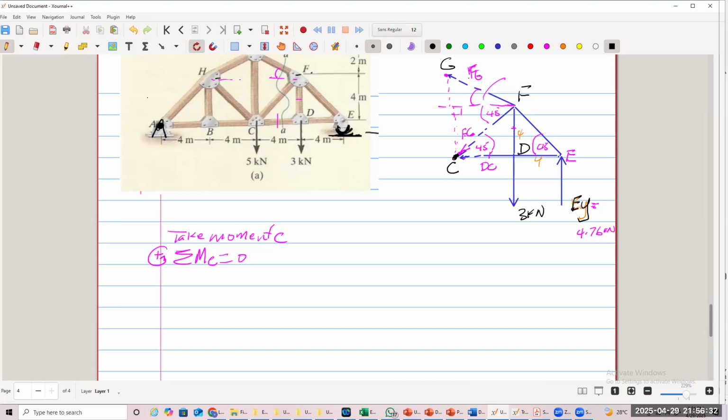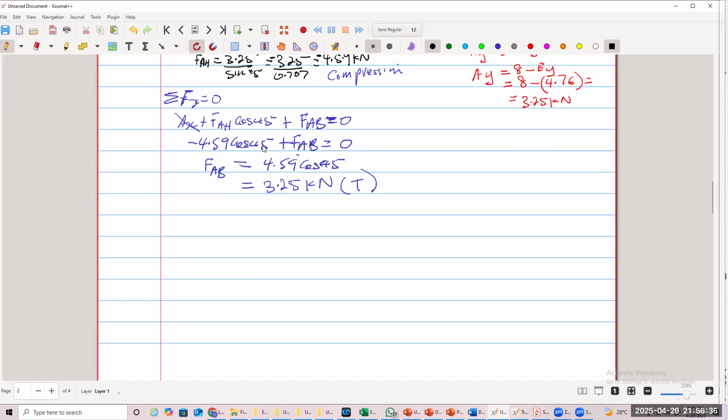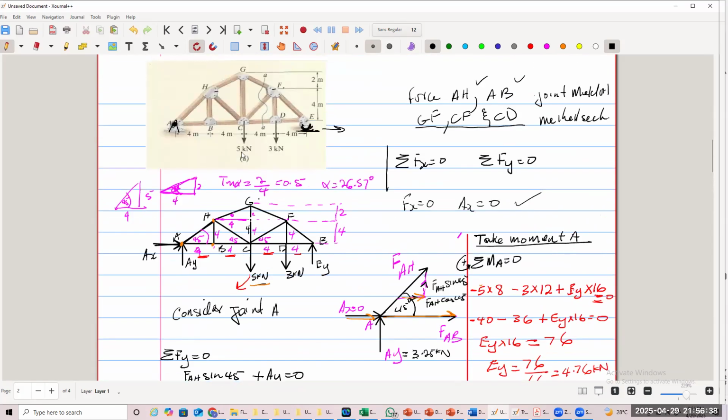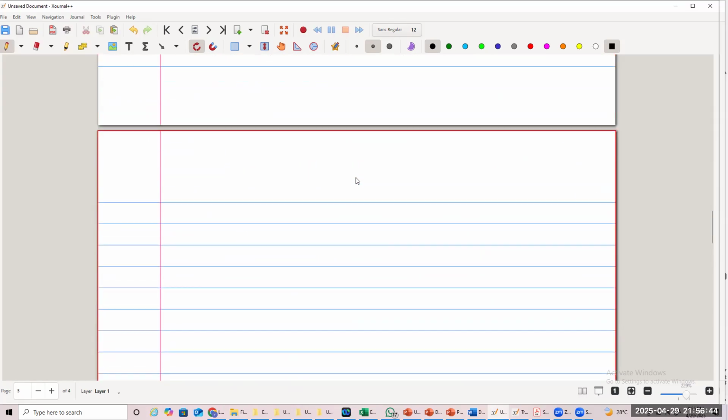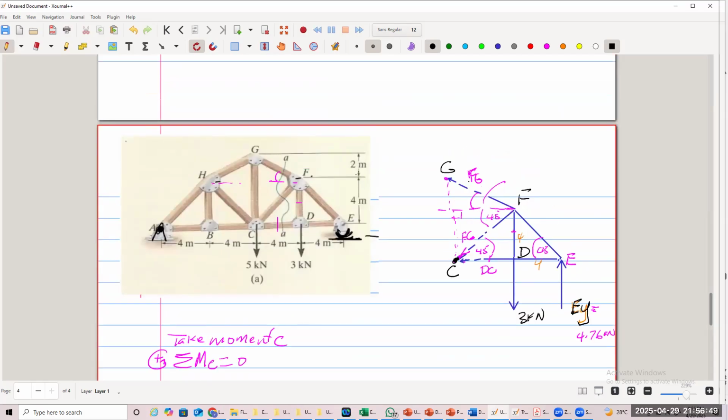What was that angle subtended at the top here? We found it already, we had to work it out. It is 26.6, we're just going to round it off to 26.6.